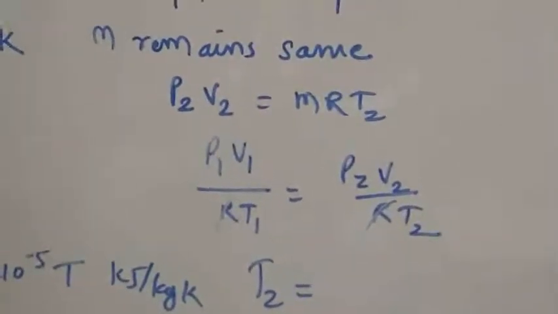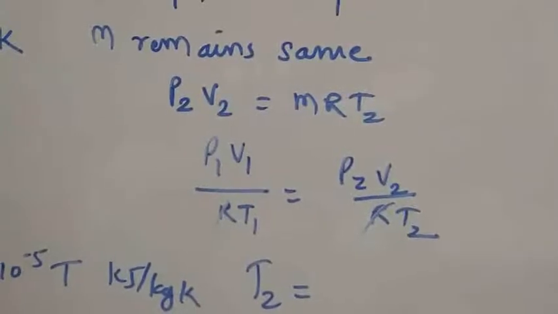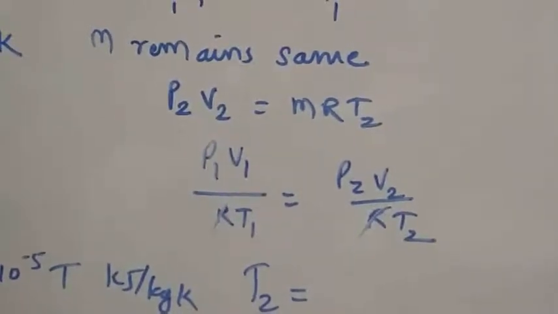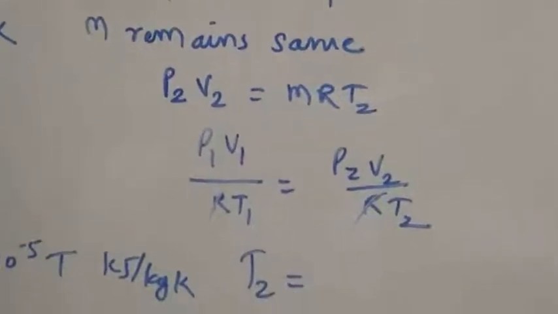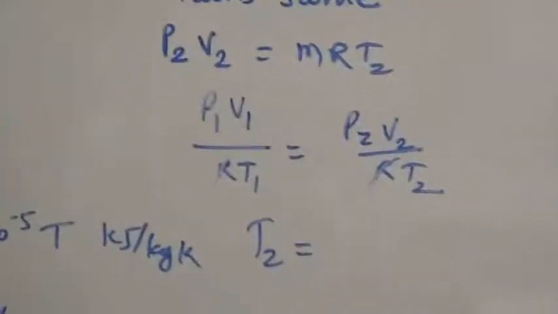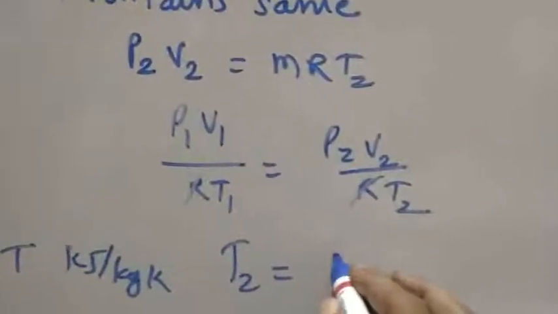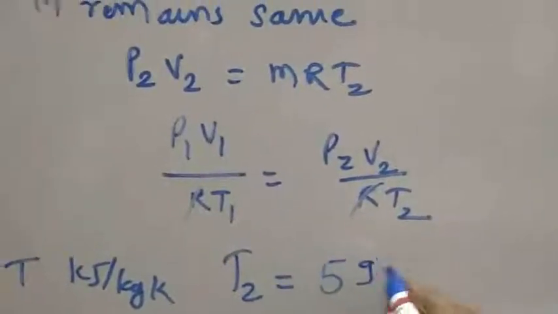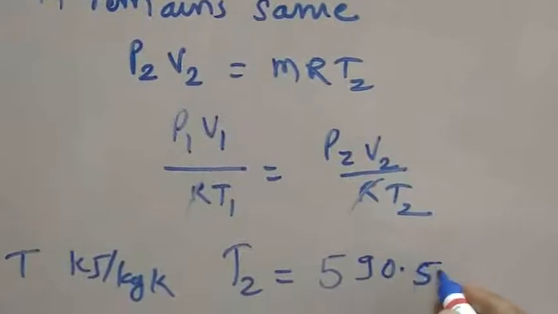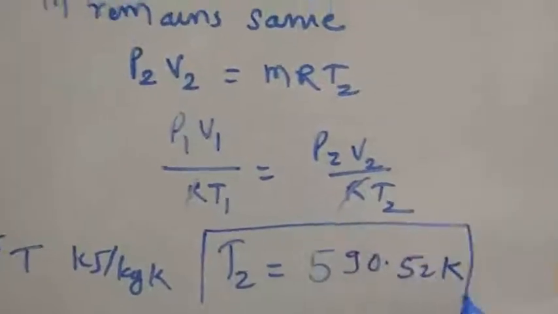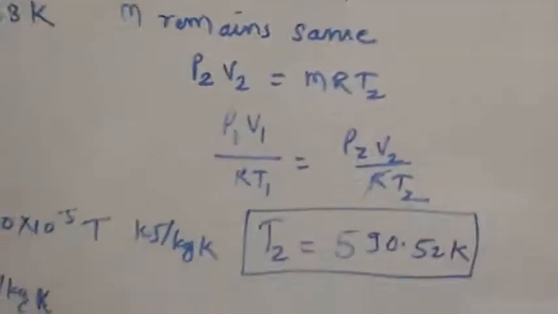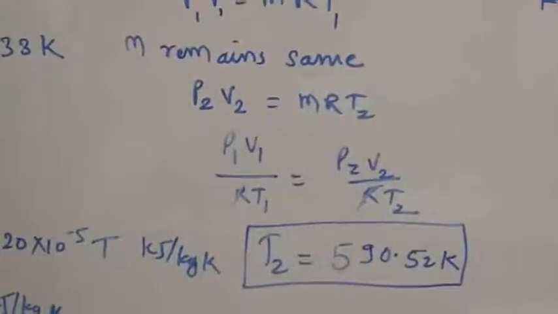Here we know the P1 value, the V1 by V2 value, as well as the P2 value. We can get the temperature T2, and that comes to around 590.52 Kelvin. This is the temperature at point 2.